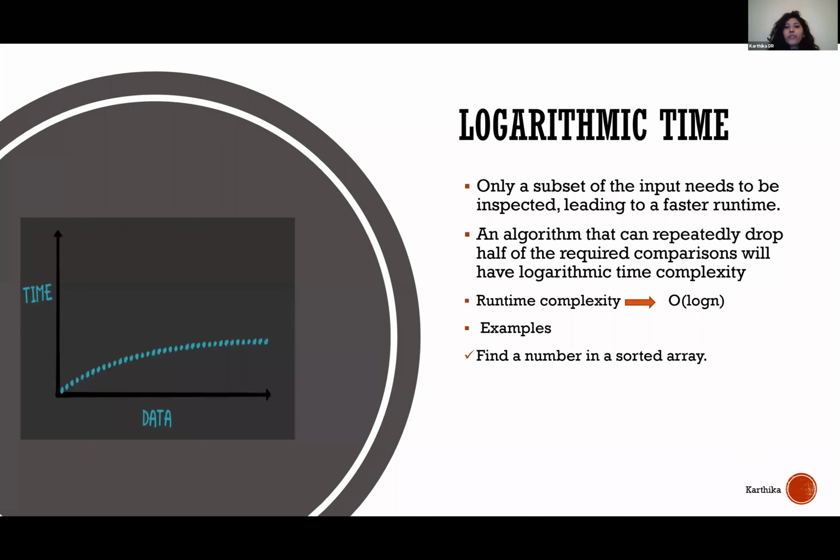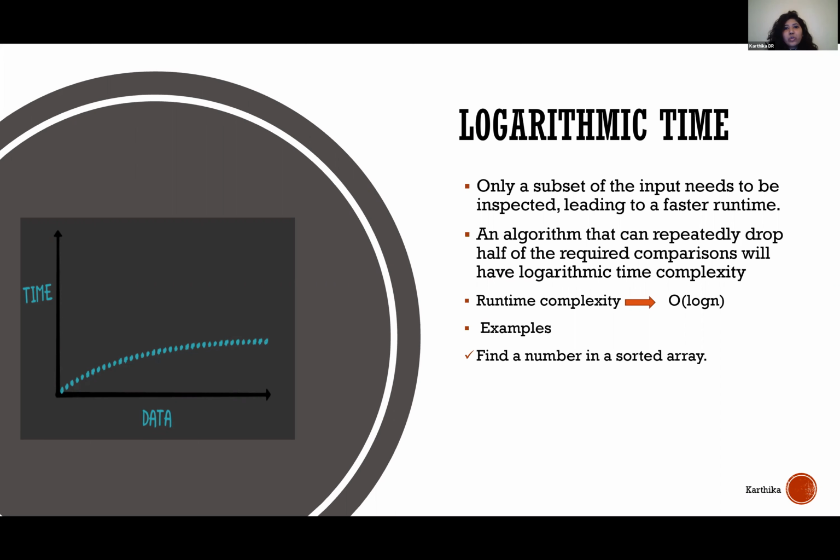So, find a number in a sorted array. Finding a number in an array can be done by checking each and every number, but obviously it is going to take O of n time complexity. But since they have given a clue that the array is already sorted, we can make use of this logarithmic time complexity.